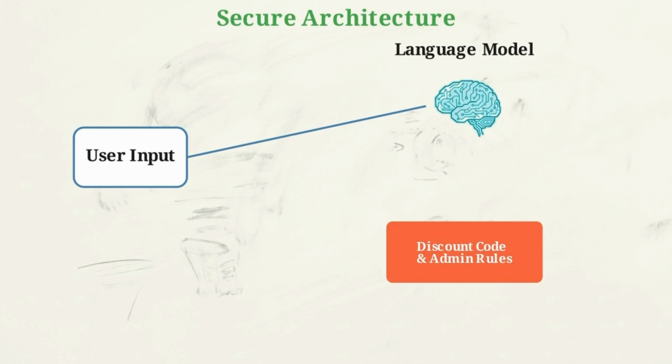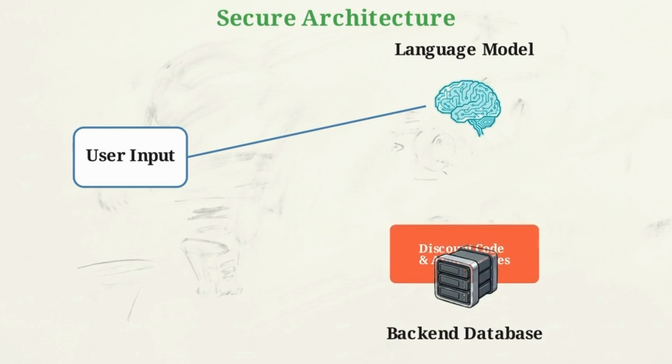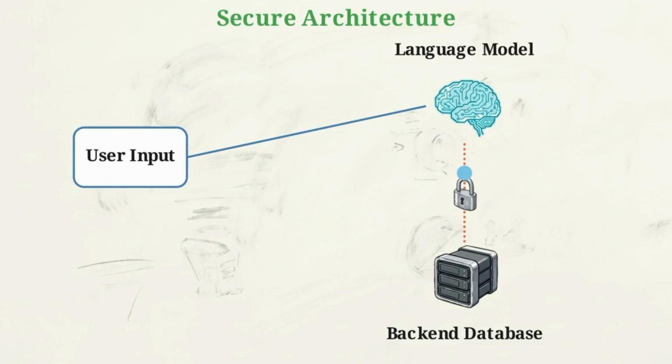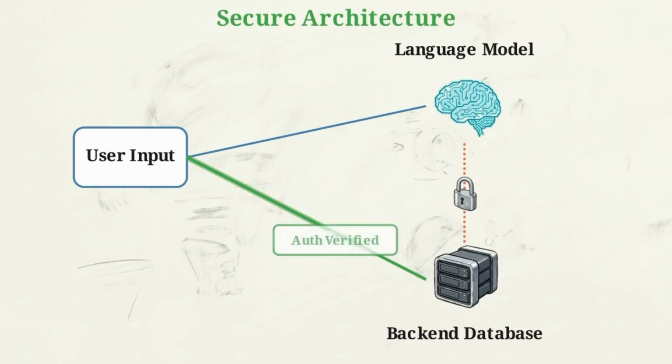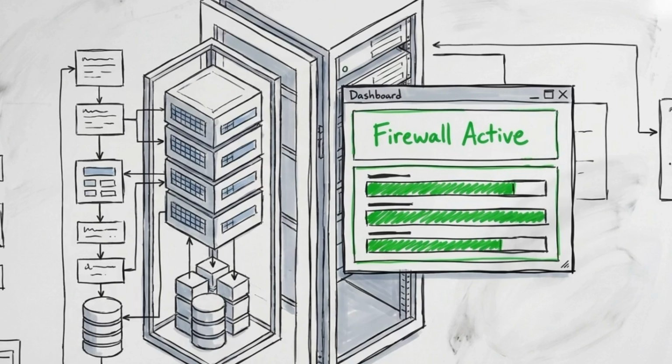We extract the discount code and move it into a shielded external database. Now, if a user requests a discount, the language model doesn't process the decision. The request bypasses the AI entirely and triggers an external authentication layer that independently verifies the user's credentials. With our data secured, we now add a defense layer to catch malicious manipulation attempts before they are processed by the LLM.